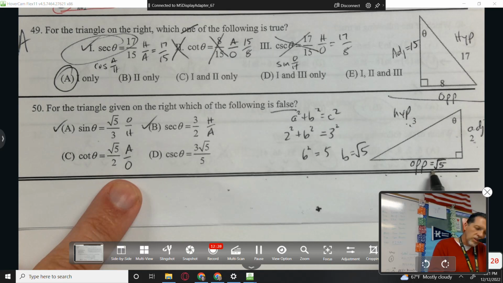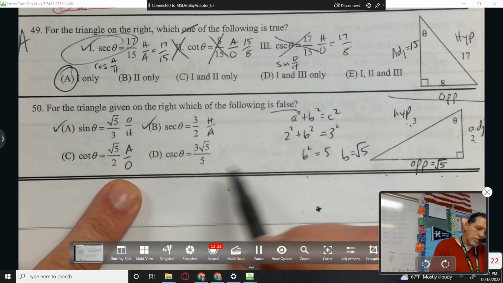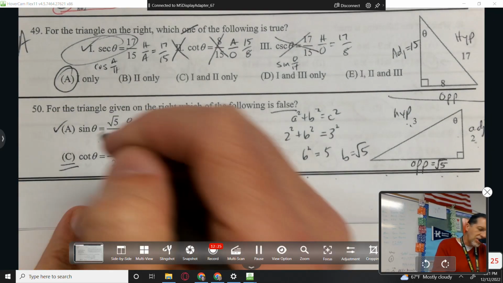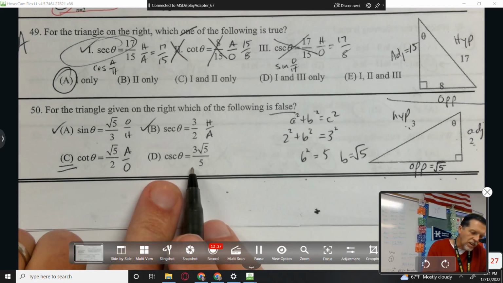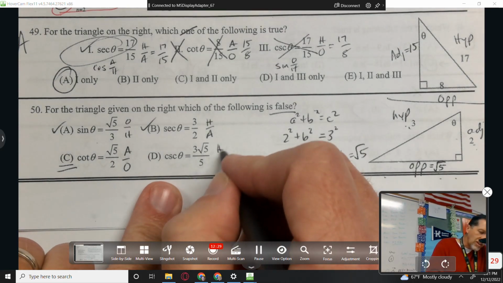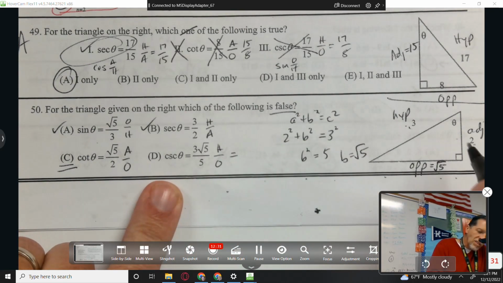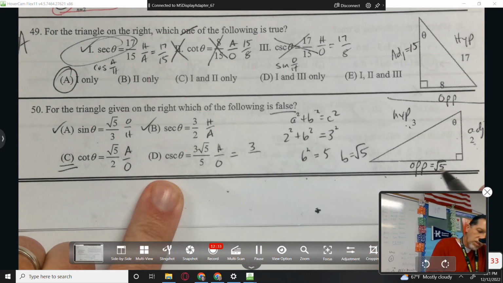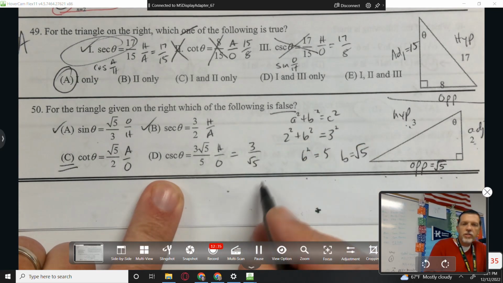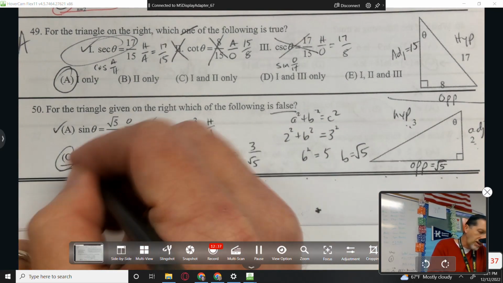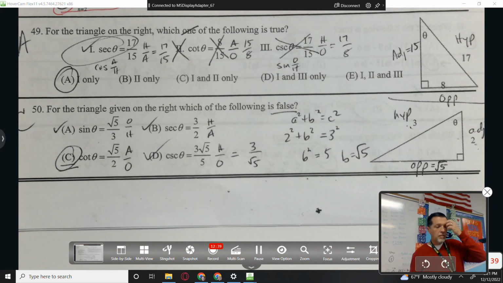A over o, that's backwards. I'm thinking it's c. Just checking here. Cosecant goes with sine, so that should be h over o. 3 over root 5, which if I fix, gets me that right. So yes, it was c. That did not make sense. That was not right.